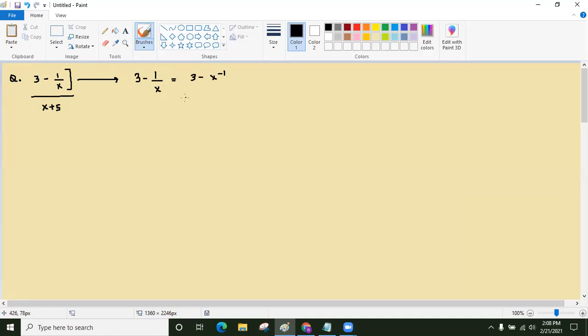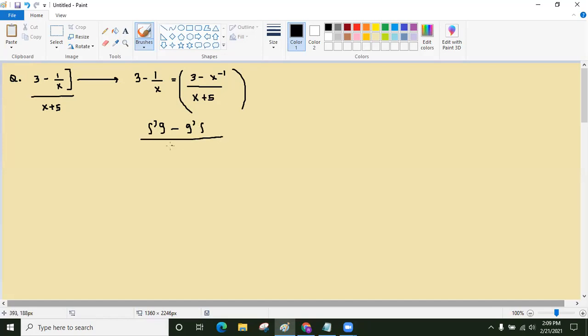And essentially, in doing so, we could rewrite the entire fraction as being 3 minus x to the negative first all over x plus 5. So the quotient rule actually states to take the derivative of f, multiply that by g, subtract that from the derivative of g multiplied by f, all over g of x squared.